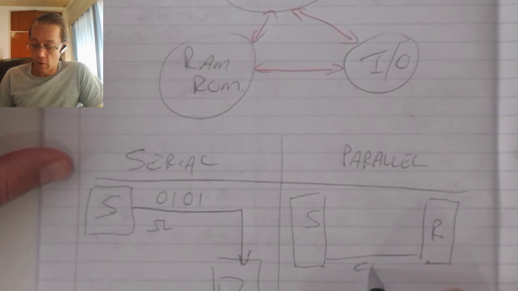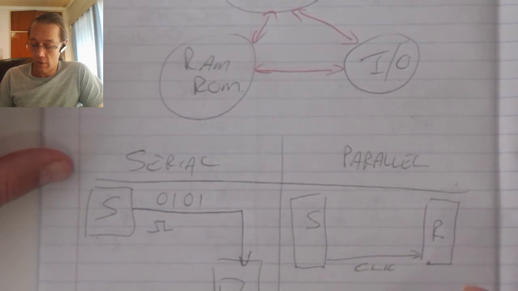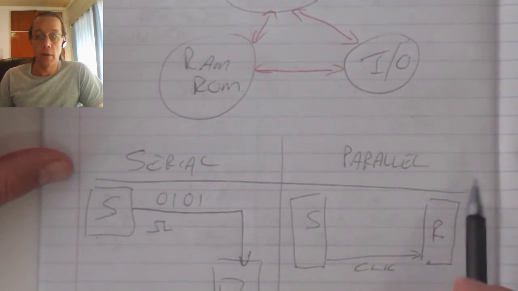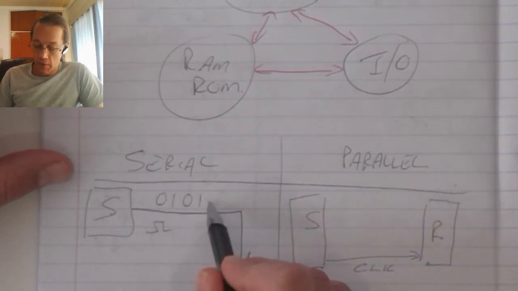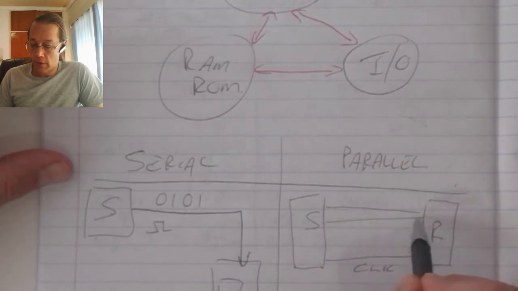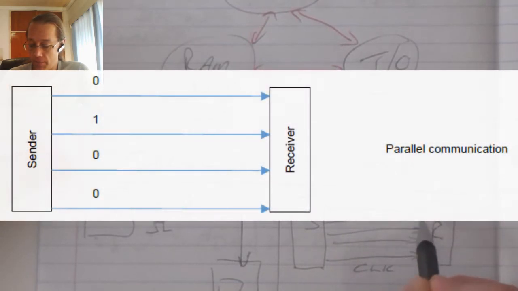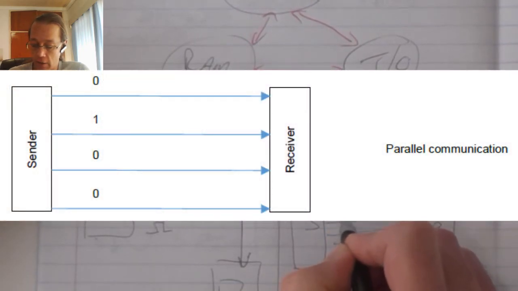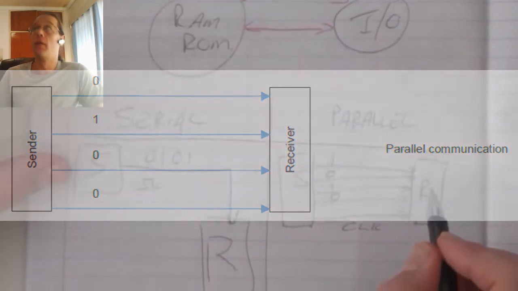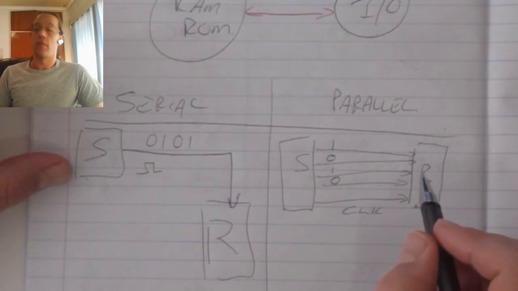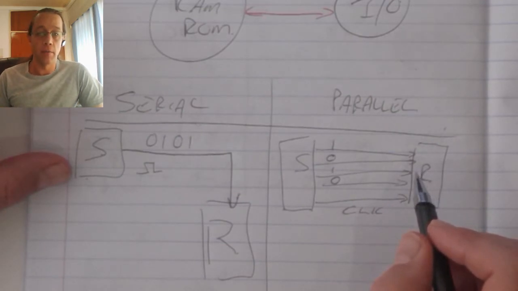We've got a clock that communicates between the two, or which indicates when data is being transferred, but instead of sending 1 bit at a time, it sends multiple bits at the same time in order to save time and increase communication speeds.